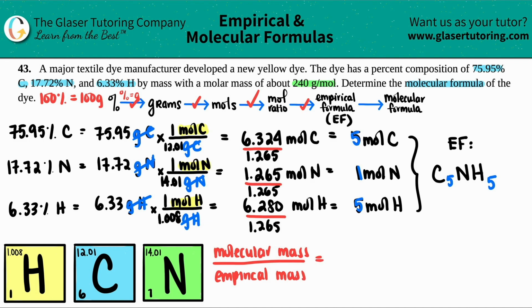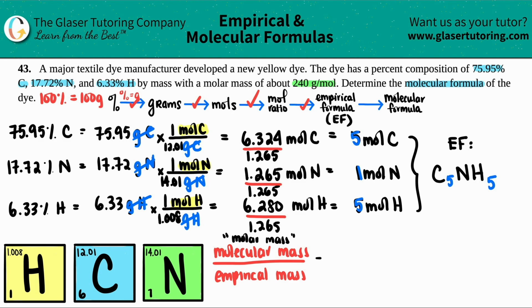And you're going to get some number. Now, let's just do this math. The molecular mass, it's a molecular formula, right? This is also a molar mass as well. So they can say molecular mass, they can say molar mass, and they said molar mass.